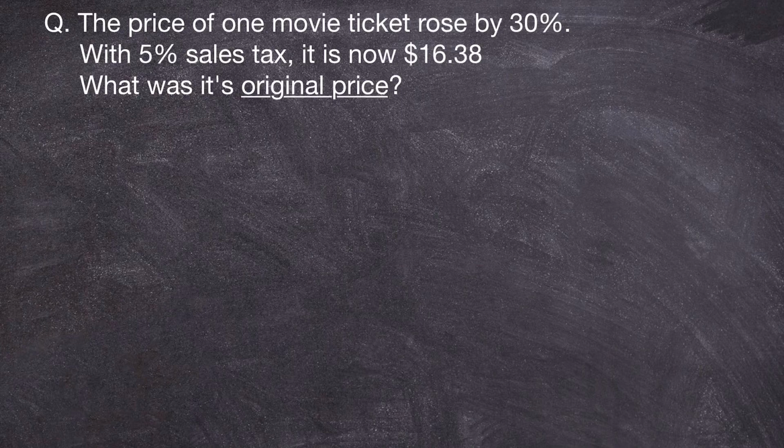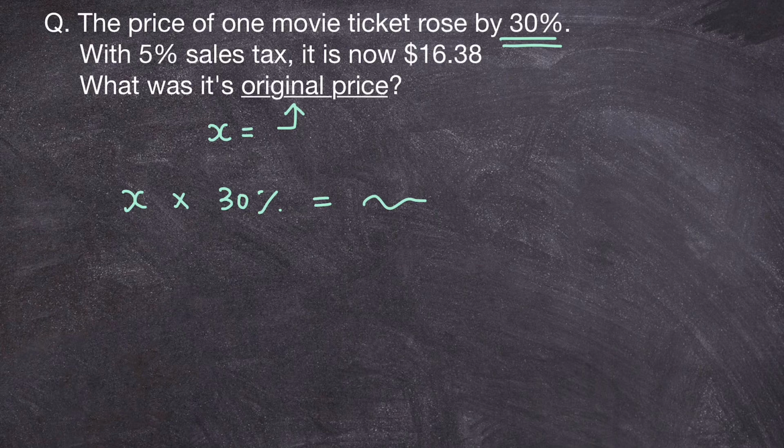So, in order to solve this question, I'm going to need to set up an equation with an unknown variable of x, and I'm going to set x equal to the original price of the movie ticket before the price increase. Then I am going to calculate the price increase of 30%, and I know a lot of you will just go ahead and multiply by 30%, and whatever I get is the increased amount of that movie ticket.